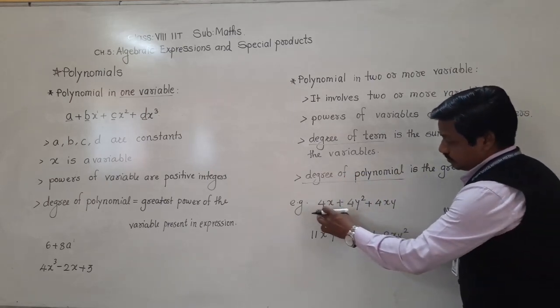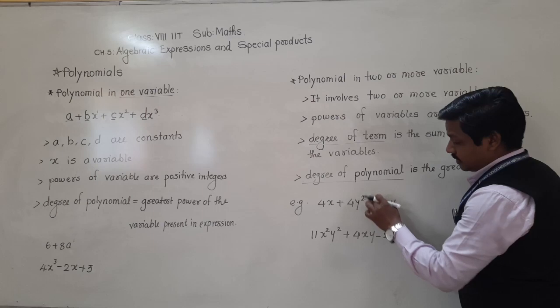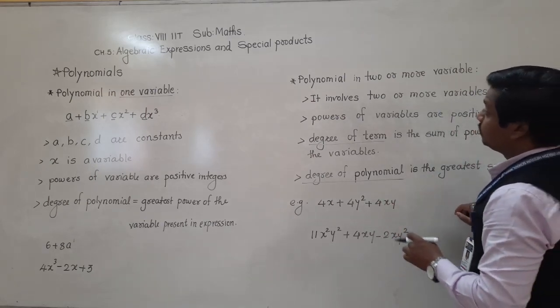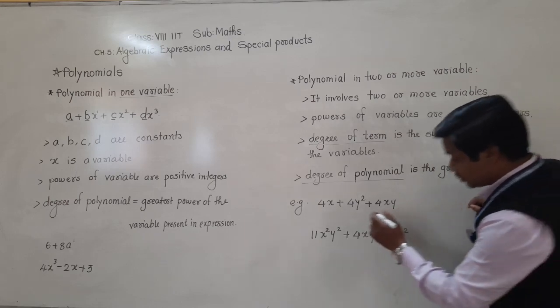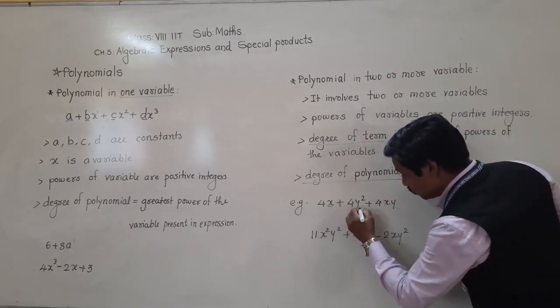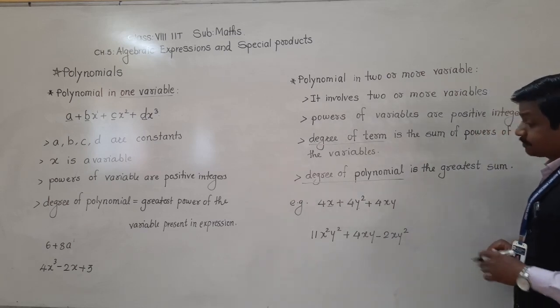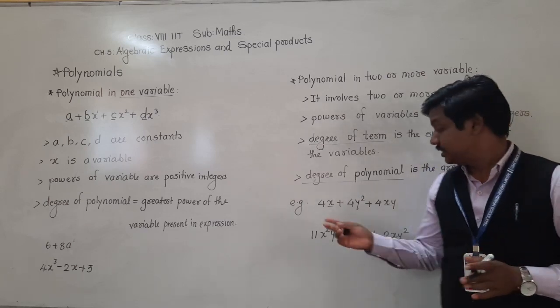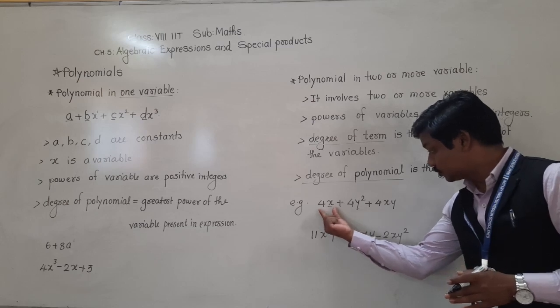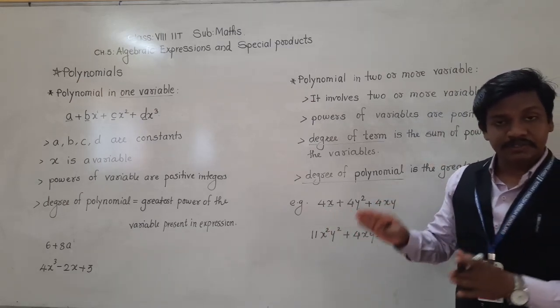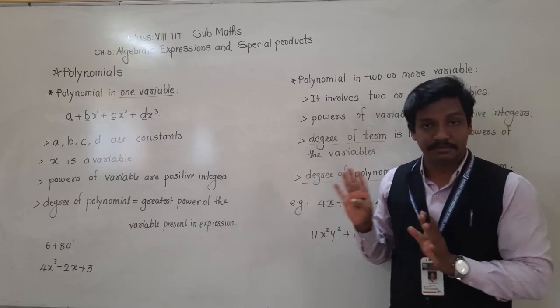See here, for example, 4x plus 4y square plus 4xy. This is a polynomial in two variables, x and y. There are a total of three terms. Let us first find the degree of each term.